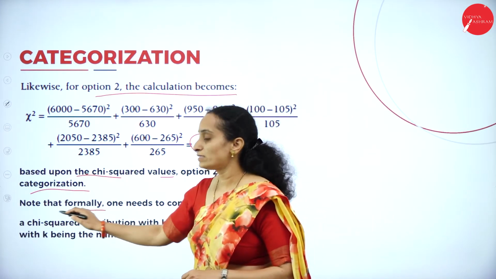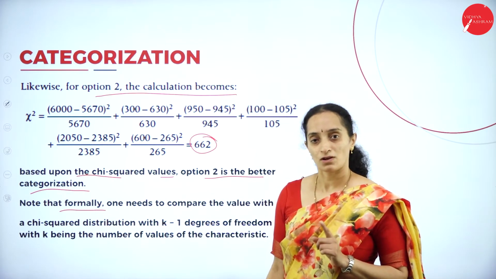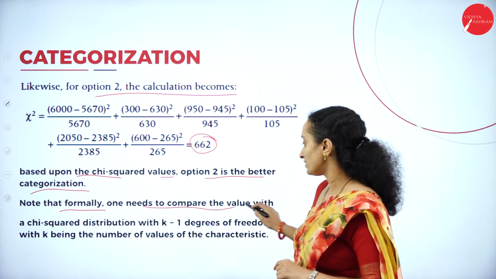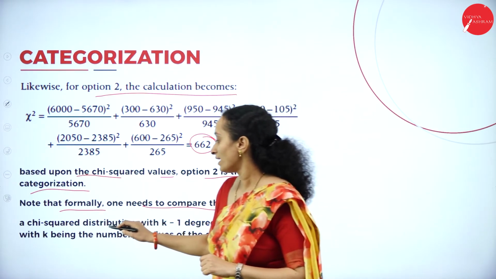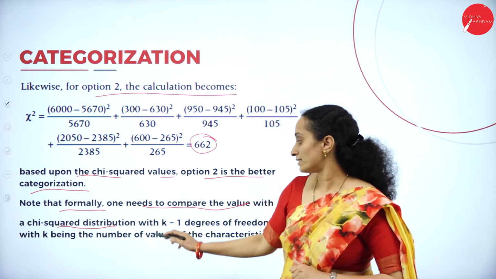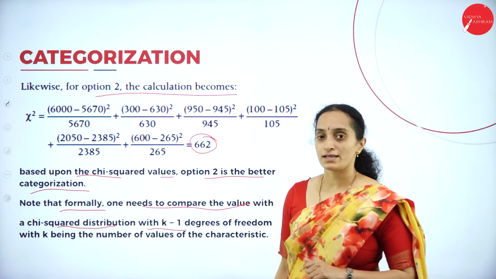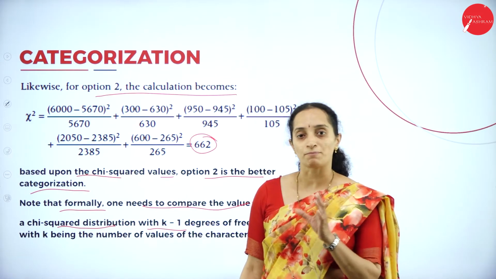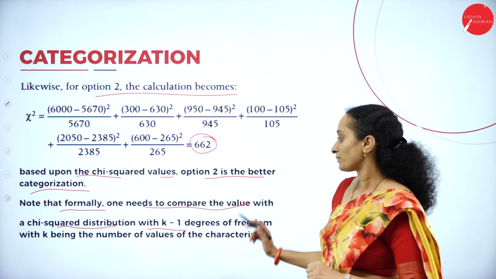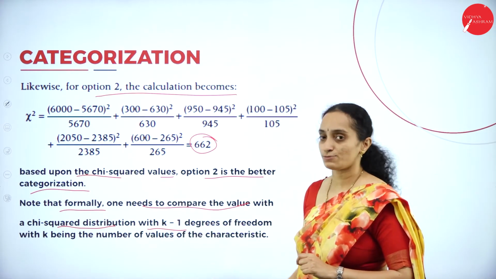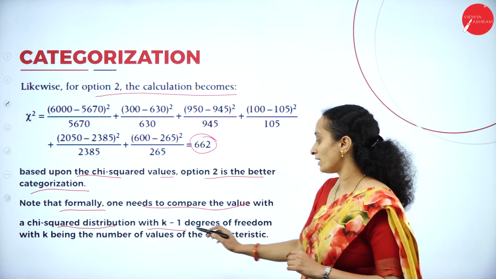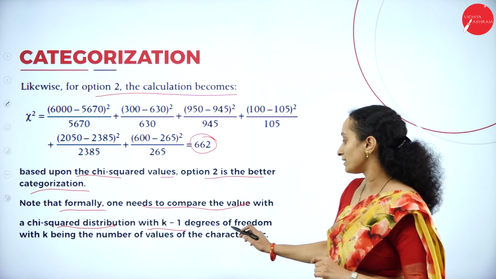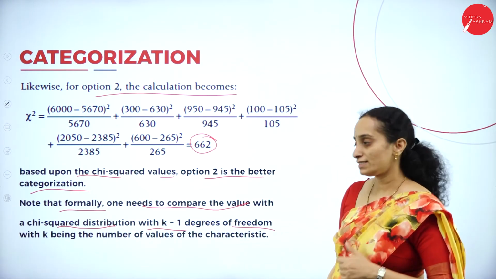Okay. Note that formally or officially, one needs to compare the value with a chi-squared distribution with k minus 1 degrees of freedom. What is k?